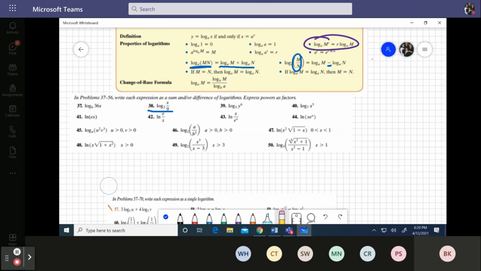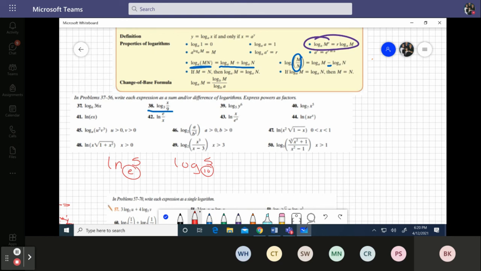All right, remember when you have something like ln of 5 or log of 5, and there is no base written here. When it comes to the ln, there's a given e there, and when it comes to the log, there's a 10 there.